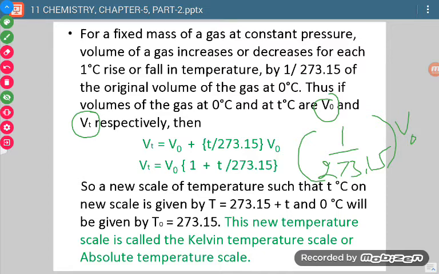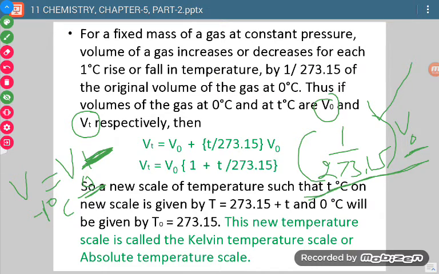Now, if I have to write volume of gas at 1 degree, then what will I write? It is volume of gas at 0 degree plus 1 by 273.15 times V naught. Okay. And if I have to write for minus 1 degree, then what will I say? Volume at minus 1 degree is equal to volume at 0 degree minus 1 by 273.15 times V naught.